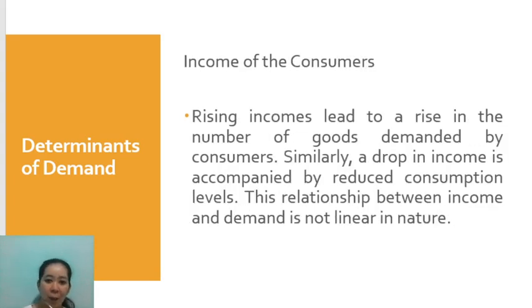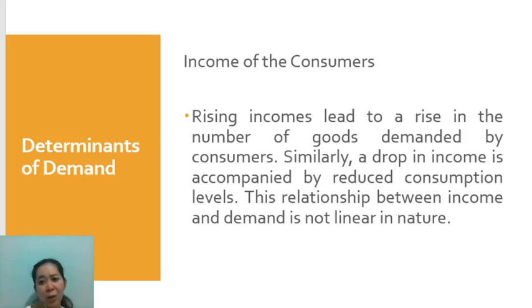So the second determinant is the income of consumers. Of course, we have mentioned this earlier. A rising income will also lead to a rise in the number of goods demanded by the consumers, because in this case, they are able to buy more. Similarly, if there is a drop in income, this will also be accompanied by reduced consumption or ability to purchase those products and services.